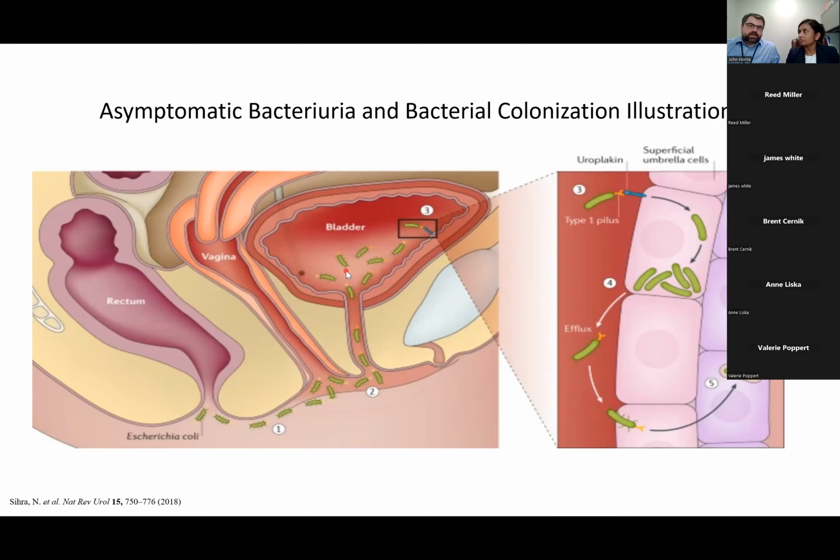And that's actually a good, healthy thing, just like it's in your gut, just like it's on your skin. You don't want to wipe out the normal flora if you don't have to. So if we get a urine sample from the bladder and the patient has no symptoms, you might get E. coli, you might get Klebsiella, you might get some other bacteria, but it's not causing symptoms if the patient has no symptoms.